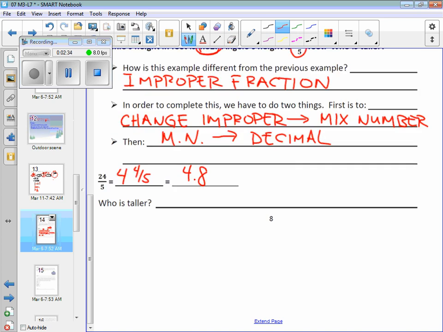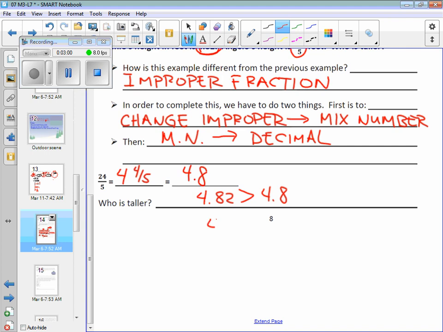Okay, so then who's taller? Well, which number is taller first? And then we'll worry about who's who. Which number is greater? Okay. So watch what I'm going to do. I'm just going to take this to 3 steps so you know what's what.